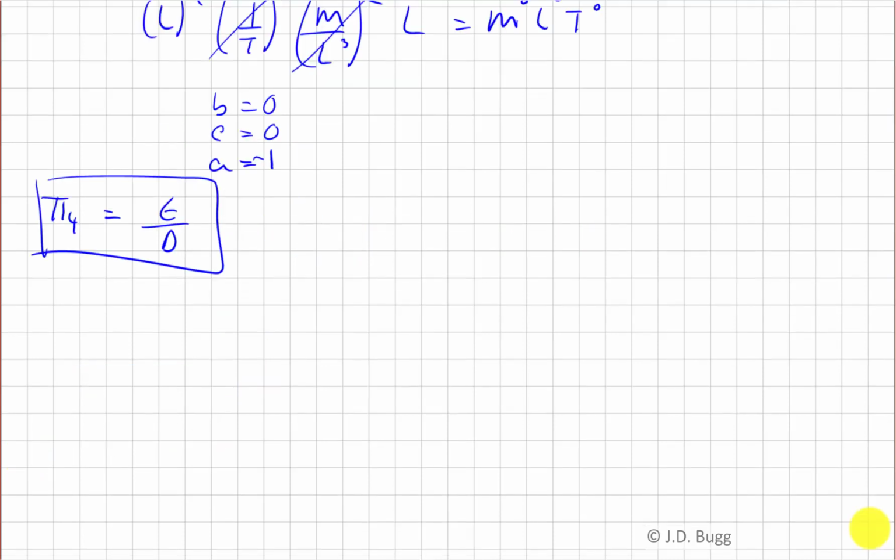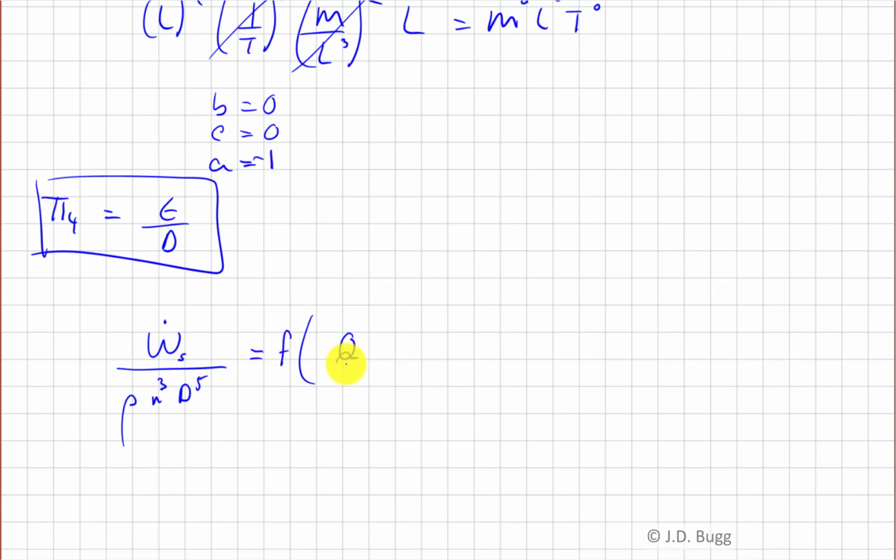So now that we've found all four dimensionless groups, the last thing to do is just restate the connection between the dependent variable and the independent variables in dimensionless form. So our dependent variable was the brake horsepower, and we found that it was non-dimensionalized by rho n cubed d to the fifth. And that is a function of three independent variables.